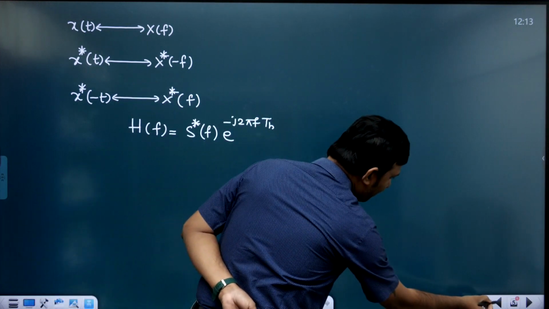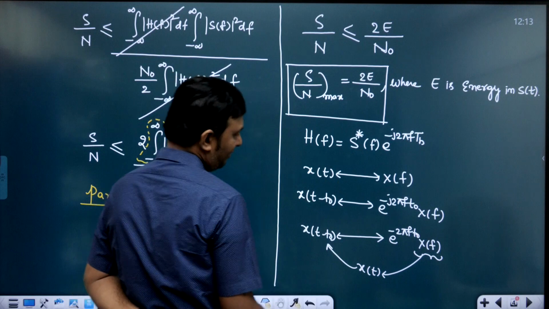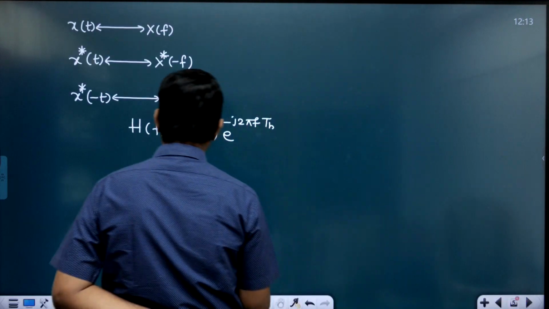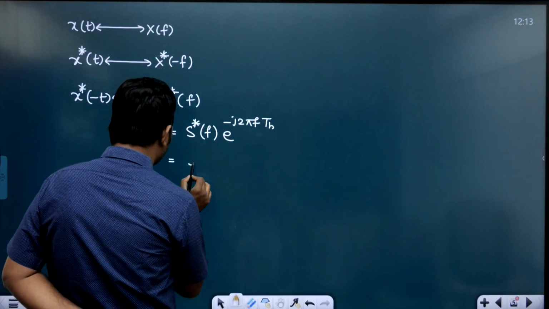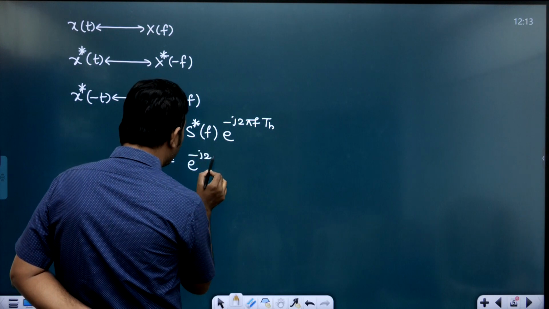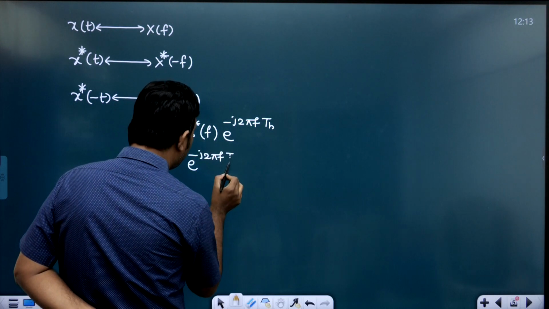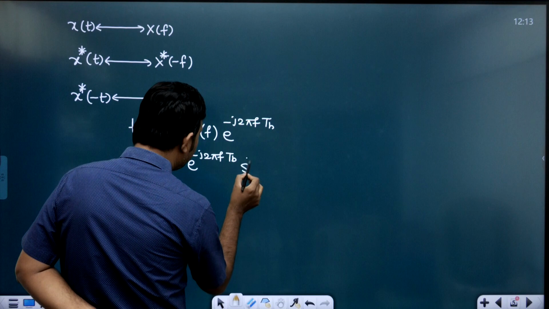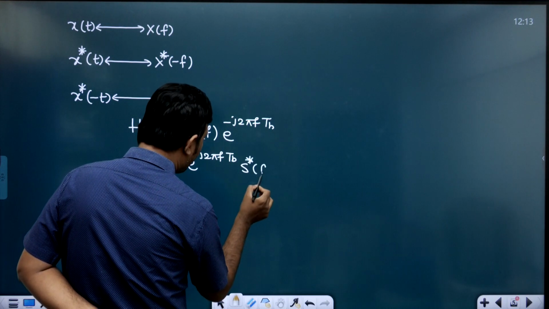Let me verify. S star of f. Or how can I write it? E power minus j 2 pi f tb multiplied with S star of f.